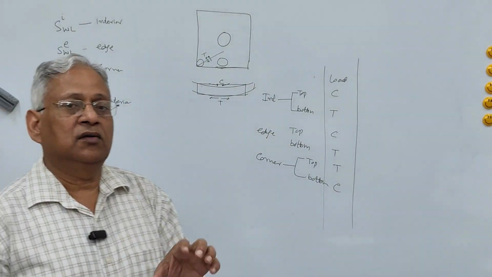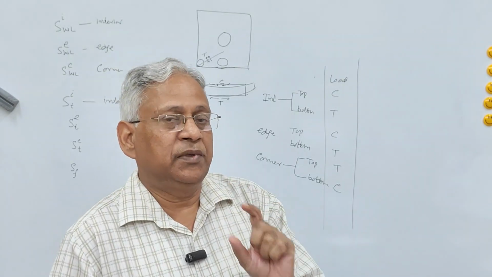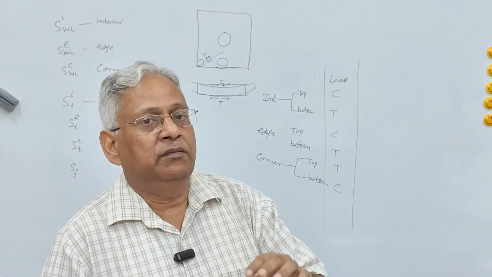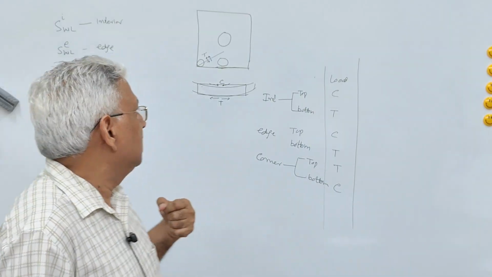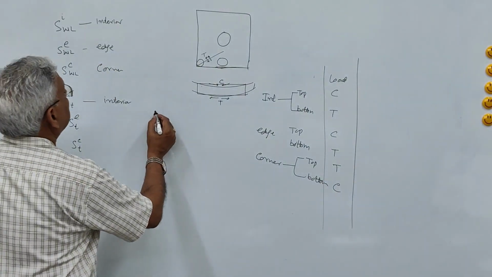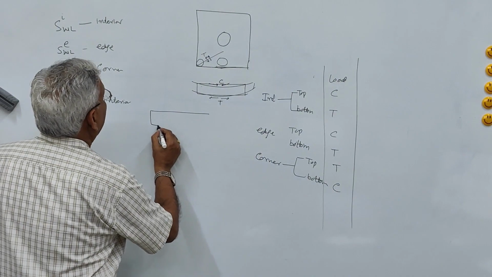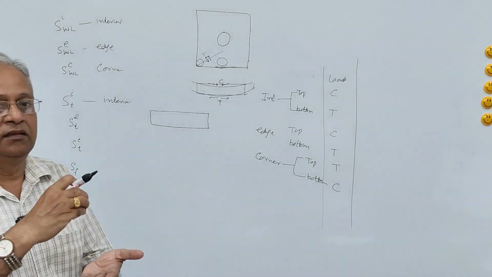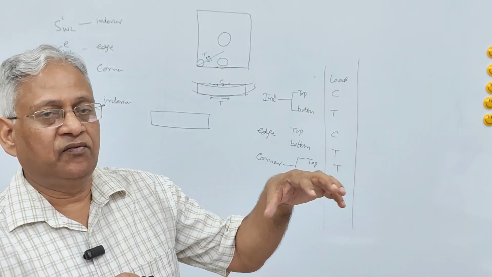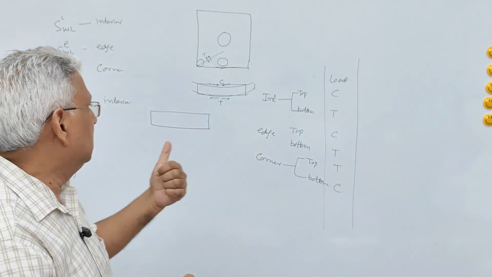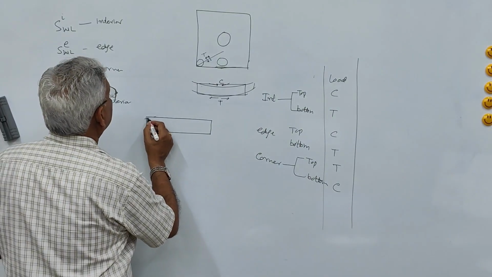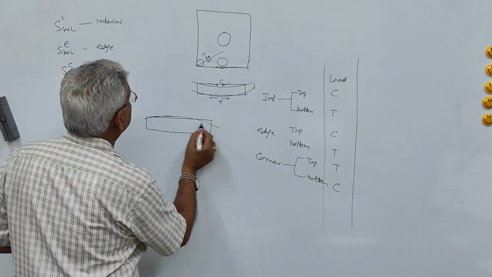Stresses can be because of temperature also, and temperature can be because of daily variation or it can be seasonal variation. When we take temperature, daily variation temperature, now this is the slab where during summer midday, the top surface is hot and the bottom surface is cool, and therefore this will be curling like this.